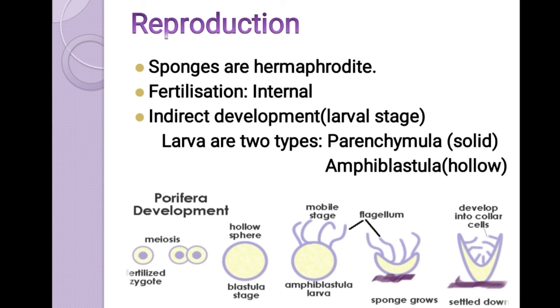Here the fertilization is internal and development is indirect, that is through the larval stage. Larvae are of two types: parenchymula, which is solid, and amphiblastula, which is hollow.